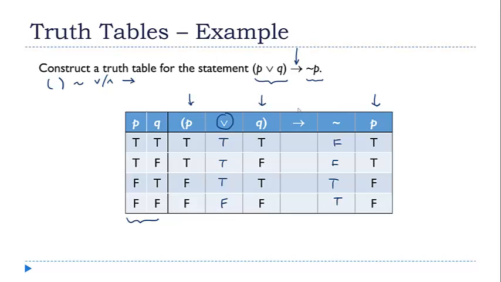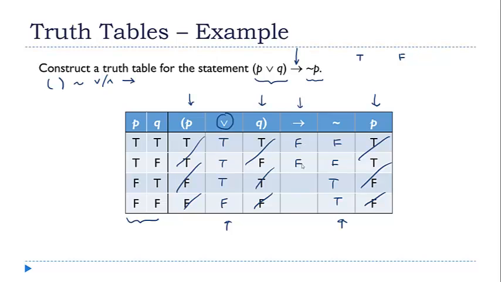And now to do the conditional here, I'm going to disregard the inputs and just look at the two result columns. If you think back to the truth table we did on the previous slide, the only time this conditional evaluates to false is when we have true in the first column and false in the second. So I'm going to scan down my list here, and I see that I have two rows where I have a true and then a false.